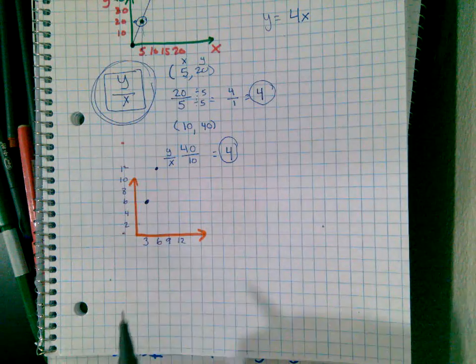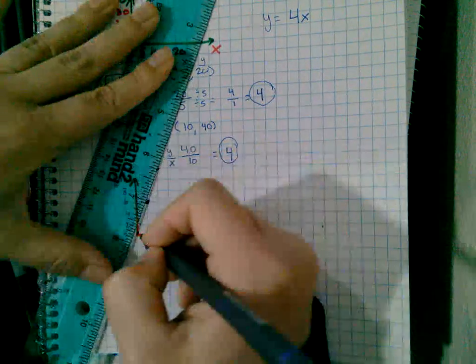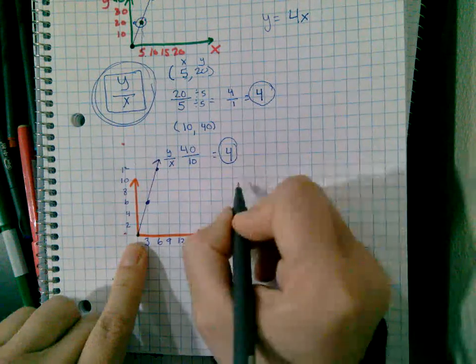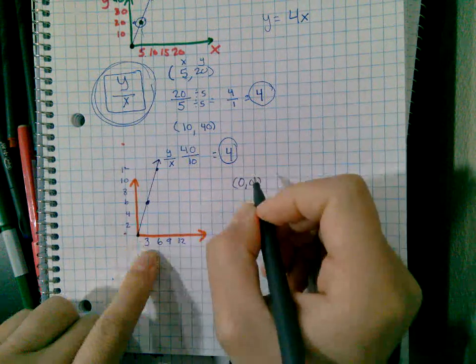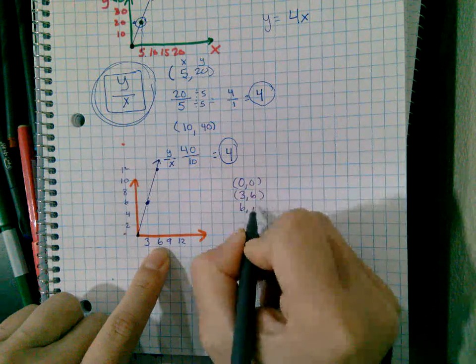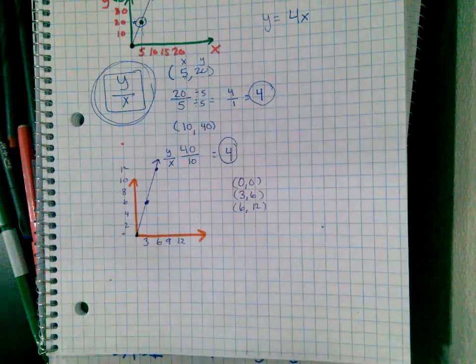Okay. So I'll tell you the dots. The dots are always 0, 0. This dot is 3, 6, and the second dot is 6, 12. Okay?